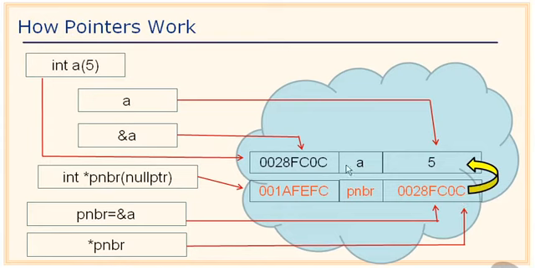So it goes to that location, 0028FC0C, and it gets the value for me, 5, and returns it back. Now that is very simply how all these different pieces and terminologies and pointers work, and what it looks like in code.